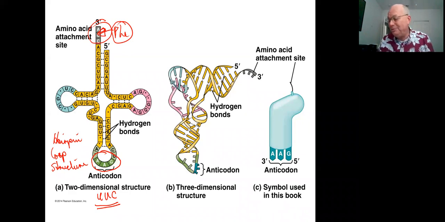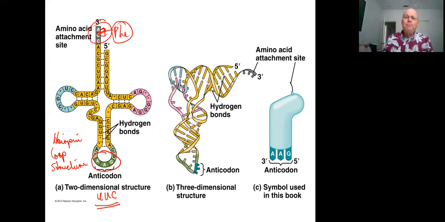So this is why a tRNA can act as the interpreter between the language of nucleotides and the language of amino acids. It speaks nucleotides because it is an RNA molecule, and specifically it's the anticodon that is involved in the interpreting. Remember, it binds to a codon in the messenger RNA. And why that's important is because at the other end of the tRNA, the amino acid that is coded for by the codon that the anticodon attaches to is going to be attached to the amino acid binding region.